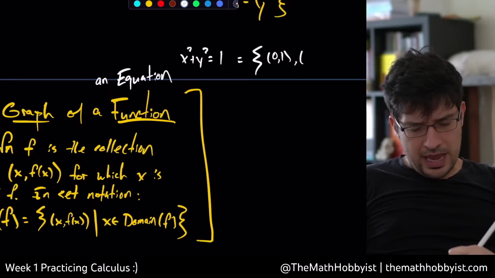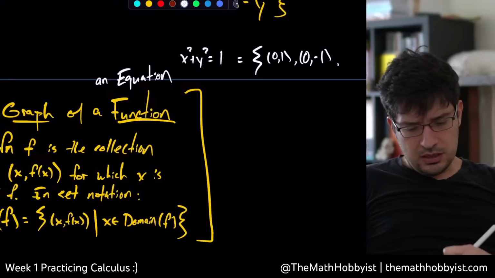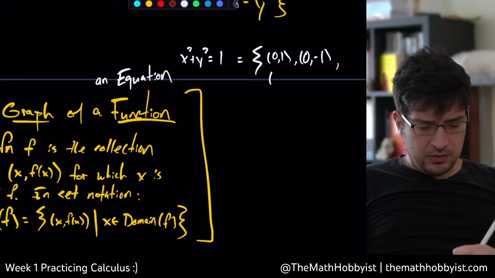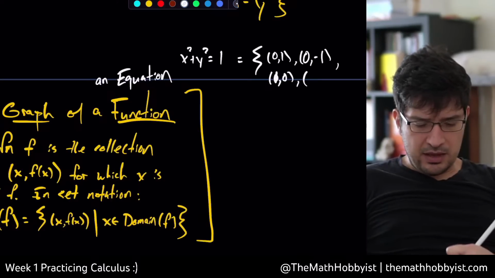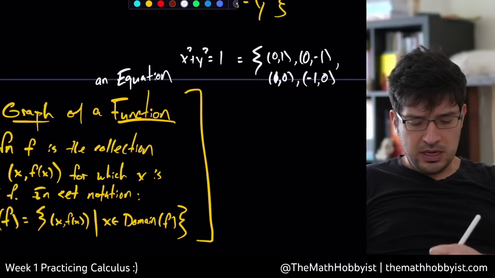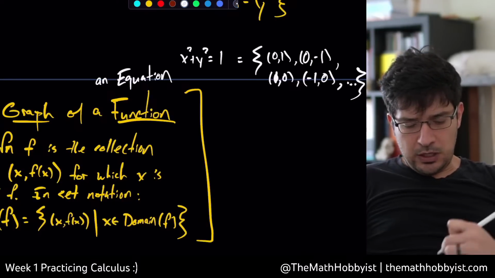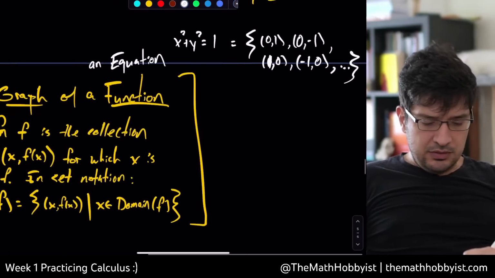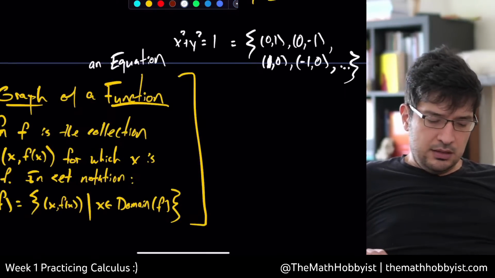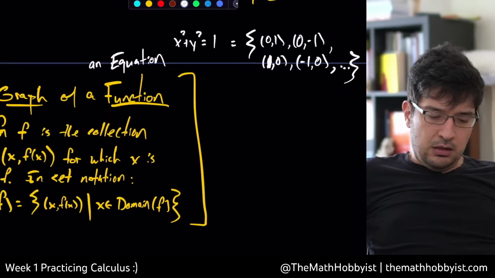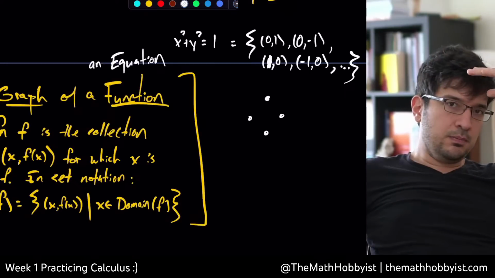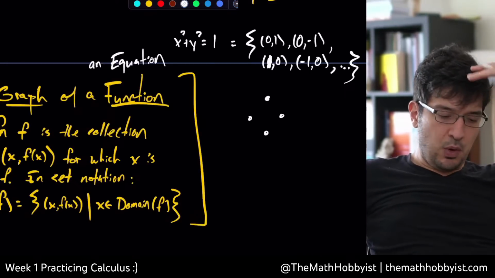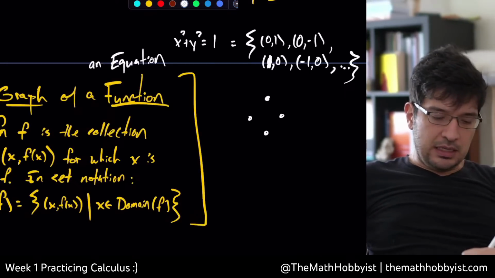It also has 0, minus 1. It also has 1, comma 0, and minus 1, comma 0, and infinitely many more. But these are four solutions.